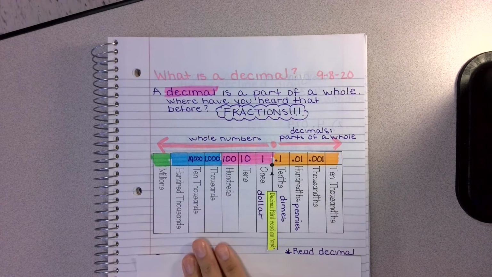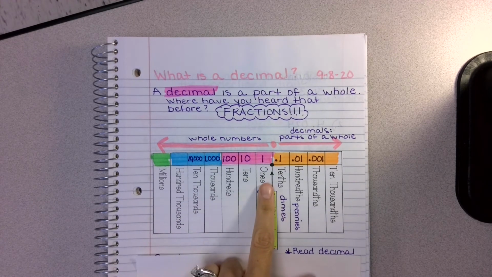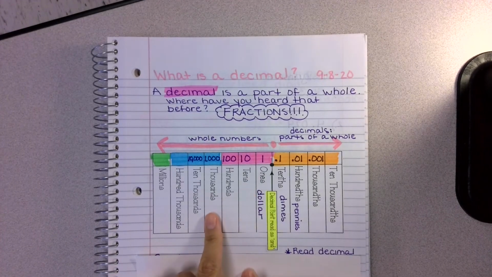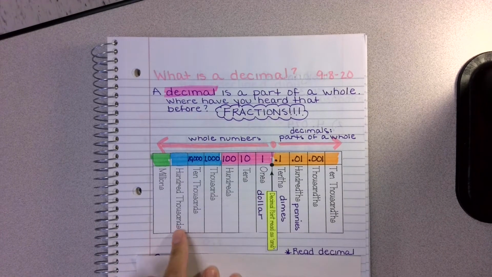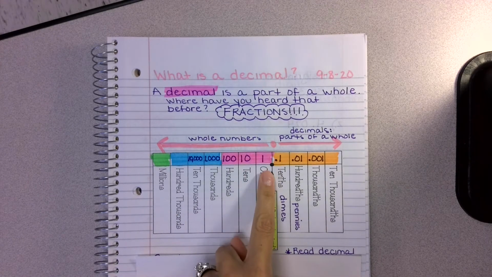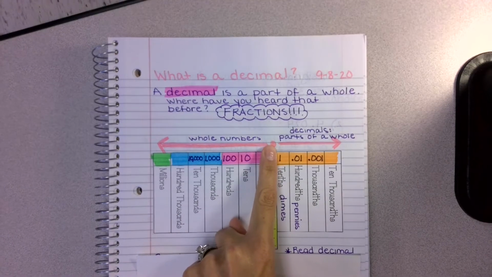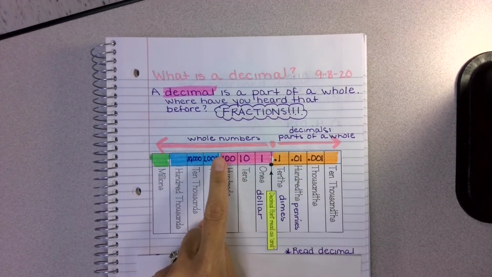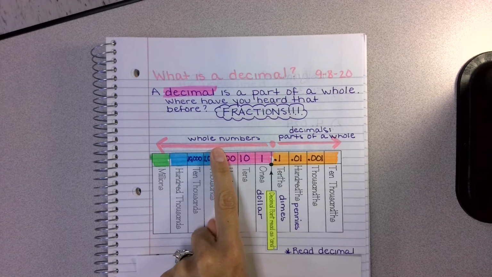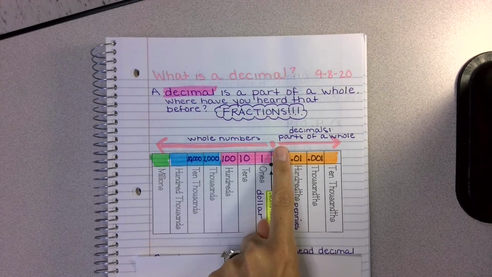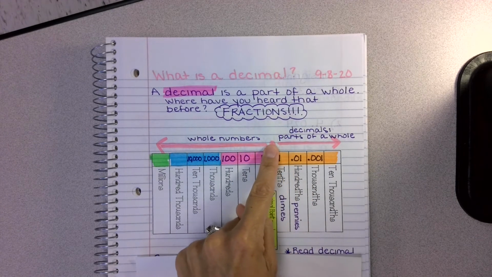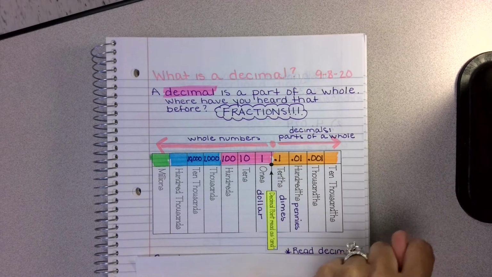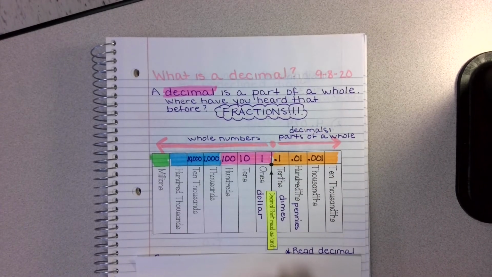So we looked at this place value chart and we have the ones, tens, hundreds, thousands, 10,000s, 100,000s, millions. All the numbers that keep going on forever to the left of the decimal point are whole numbers. And all the numbers from this decimal point to the right are decimals, so those are parts of a whole.